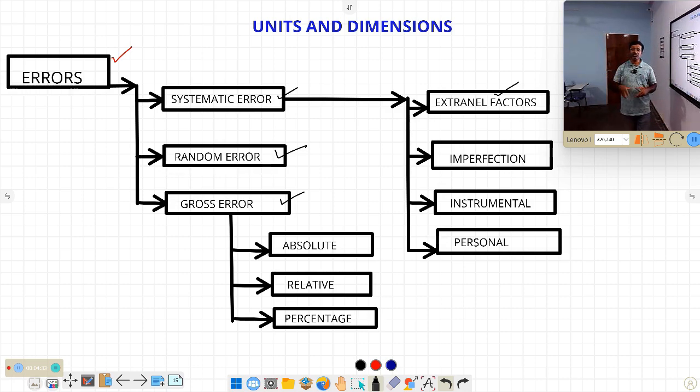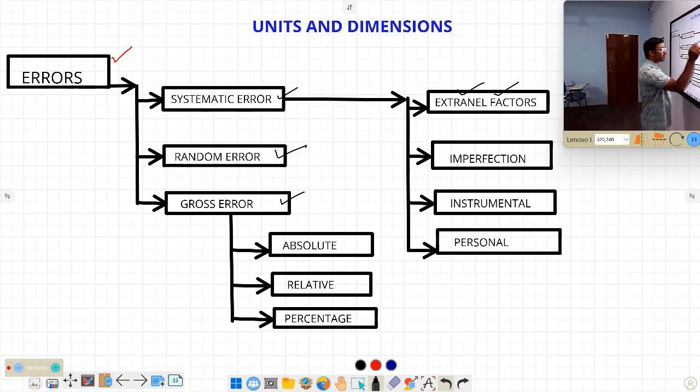Outside temperature and outside humidity conditions also change. In some experiments, outside atmospheric conditions affect the result. That type of error we call an external error; it comes from the outside, in terms of pressure, temperature or many other ways. That is called an external factors error.